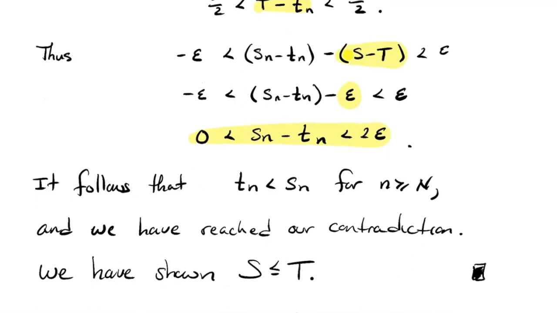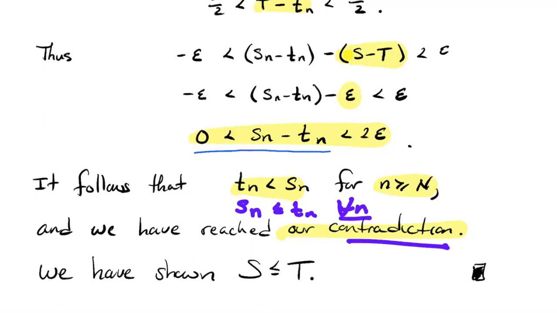And now the conclusion is, I'm not going to stop because I want the video to be short. In particular, I'm focusing my attention on this inequality. If the difference Sn minus Tn is positive, well, that means that Tn is less than Sn. It's not true for all n, but it is true for n greater than or equal to this capital N. And that's a contradiction, because we were assuming in our hypothesis of this theorem that Sn was less than or equal to Tn for all n.